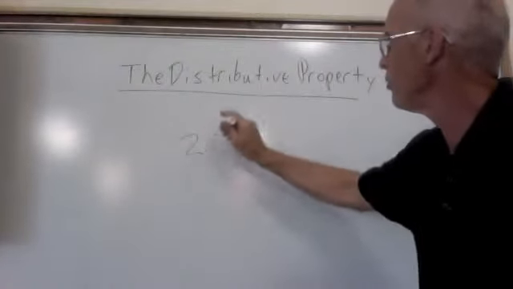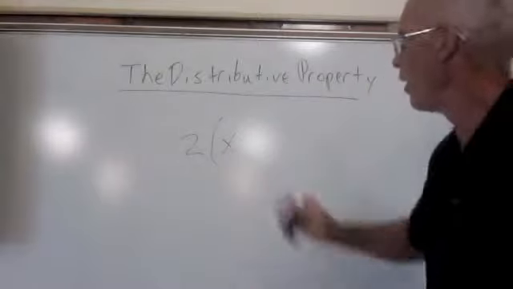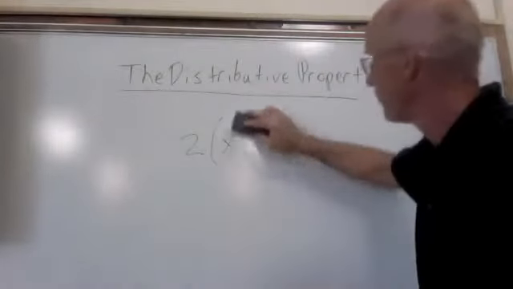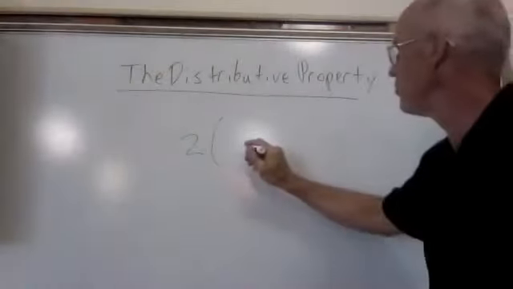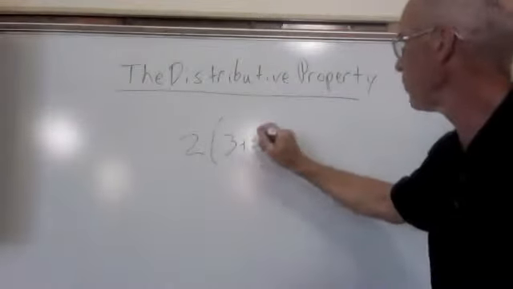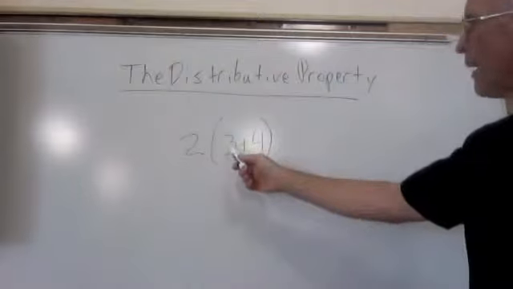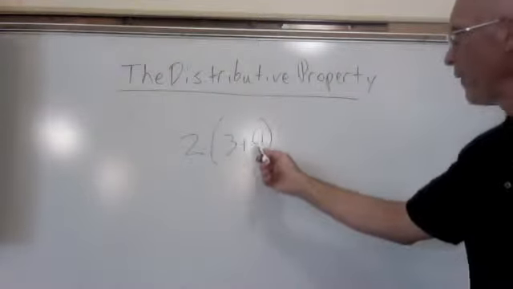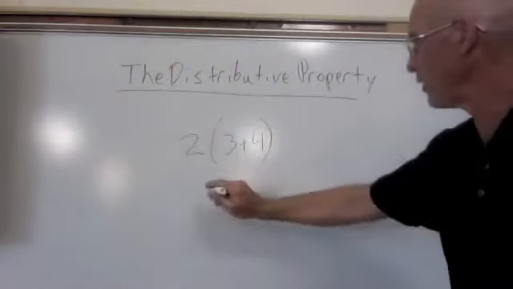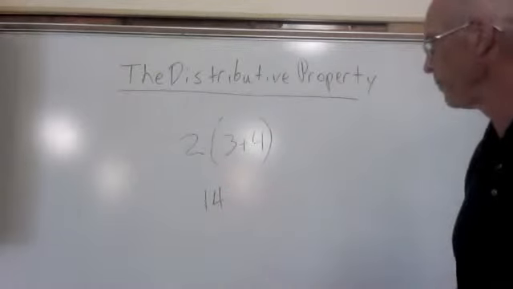If I had 2 times, let me do it without a variable first. If I had 2 times 3 plus 4, well, I can add 3 plus 4 and get 7. And then 2 times 7 is going to give me 14.